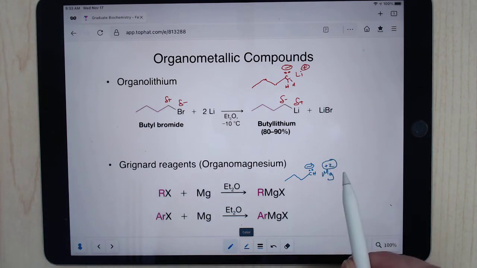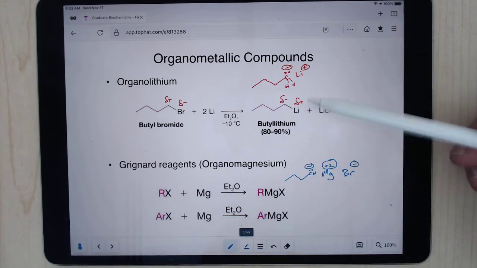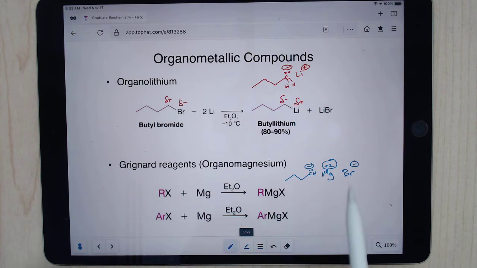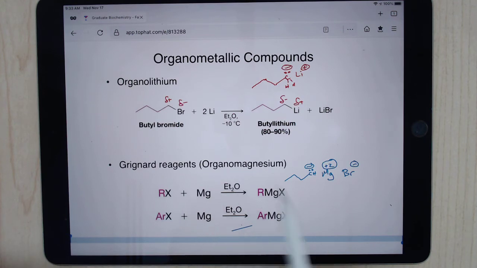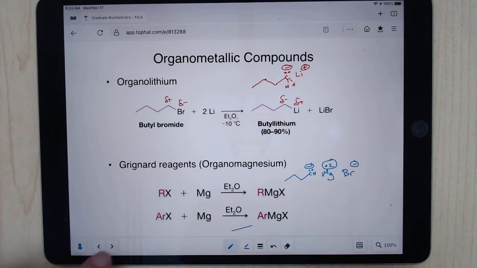That means you need a bromine still around to balance out the charges. But they work essentially the same way. These are a little bit easier to make, and they're not quite as vigorous and reactive, so they're a little bit easier to handle.